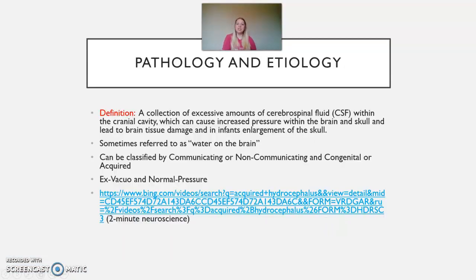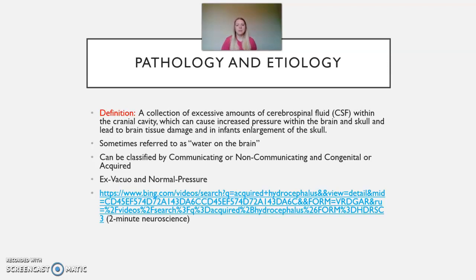So the etiology of the disease is basically an excessive amount of the cerebrospinal fluid within the cranial cavity. It literally means water on the brain, and it's also classified into either communicating or non-communicating, and can also be congenital or acquired.